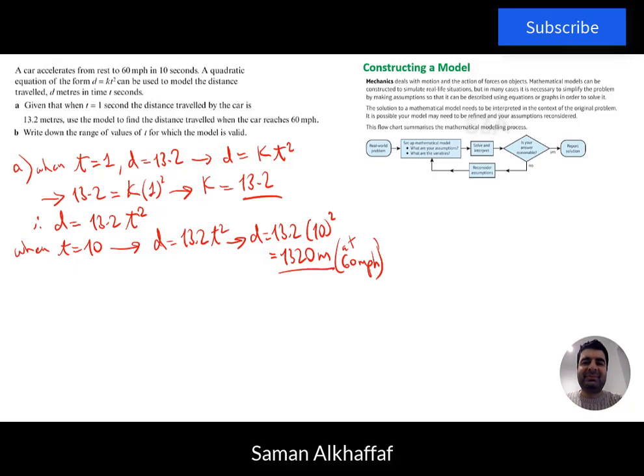Now for part B, we need to write down the range of values of t for which the model is valid. So we say clearly the model is valid for positive values of t only.